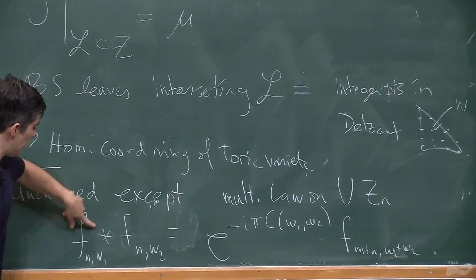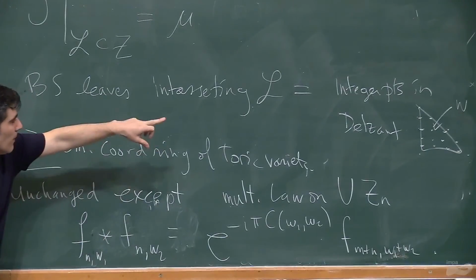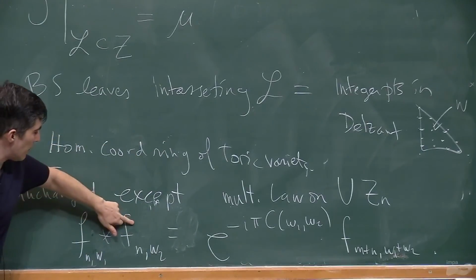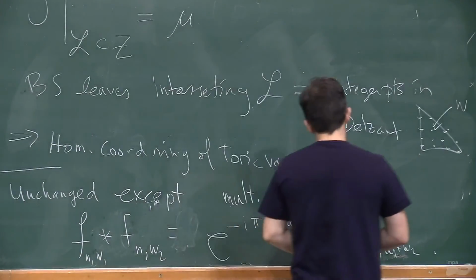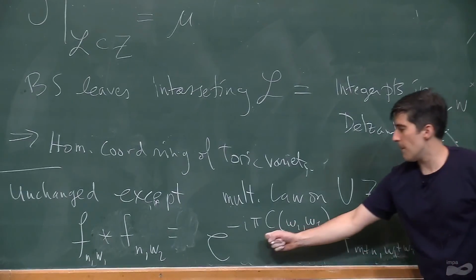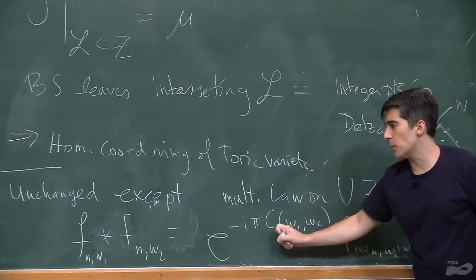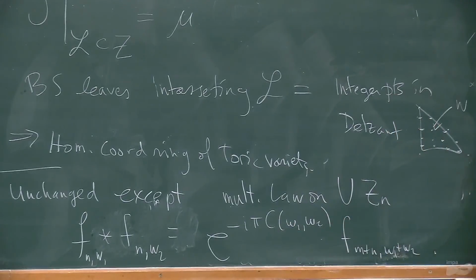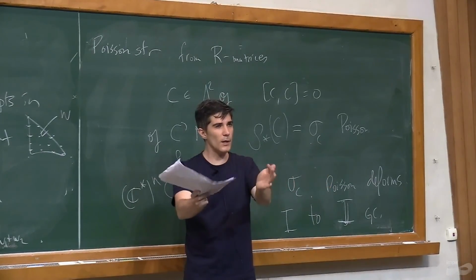If I take an element in degree m, which comes from the weight w1 in the Delzant polytope, and I take another element in degree n, and I take their product, then I get the element in the sum of the degrees and the sum of the weights, but it's multiplied by this factor, which depends on the R matrix. As a result of this, we get a non-commutative algebra, which on the interior of the toric variety is the quantum torus. So what we get is the complex quantum torus compactified to a non-commutative toric variety.